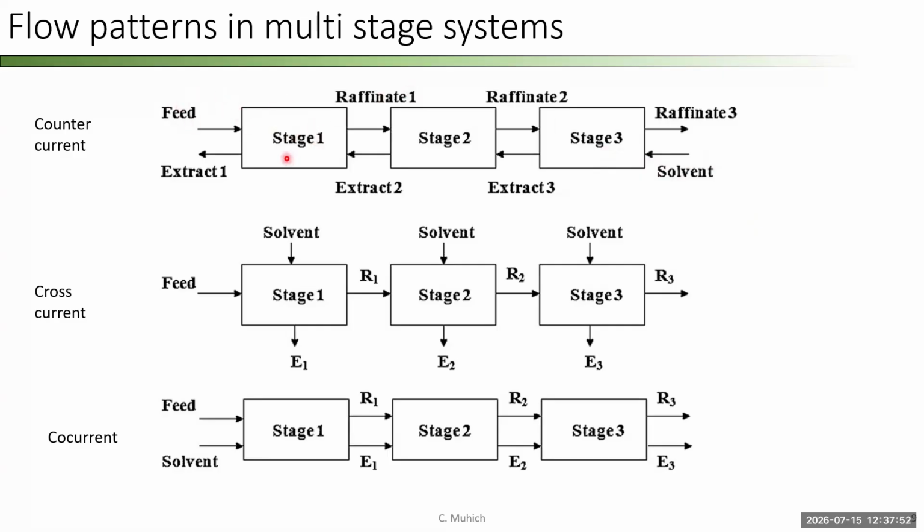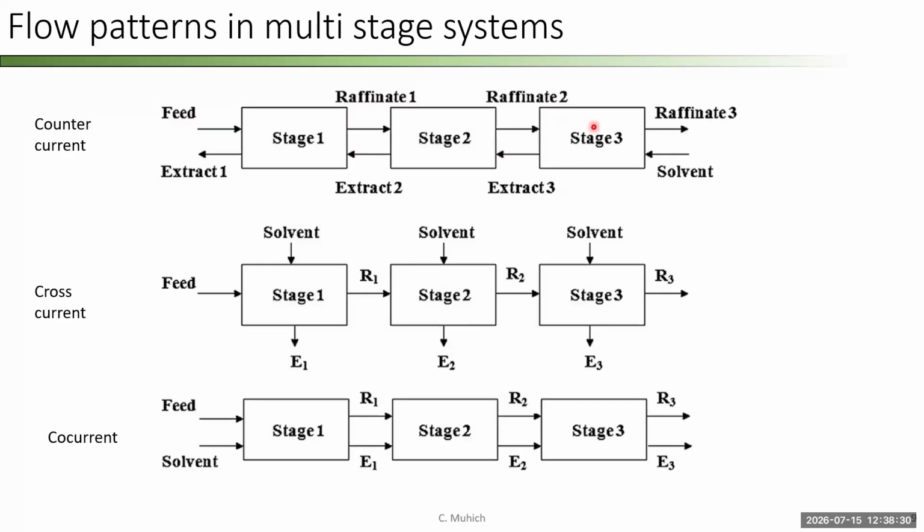So this virgin feed that's moving into stage one is seeing the extraction output that comes out of stage two, right? And then stage two sees the feed that's already been exposed to that stage one solvent, so it's been partly diluted, and this is exposed to the solvent that's coming out of stage three.